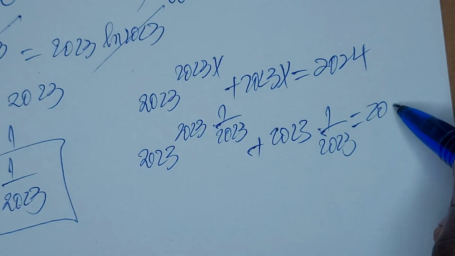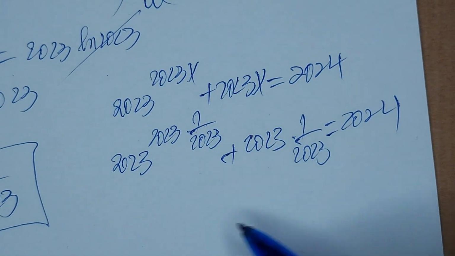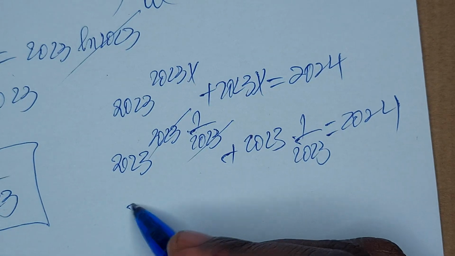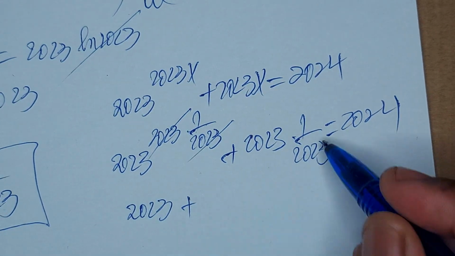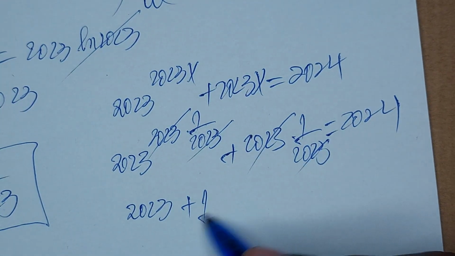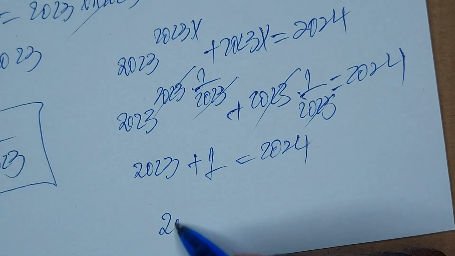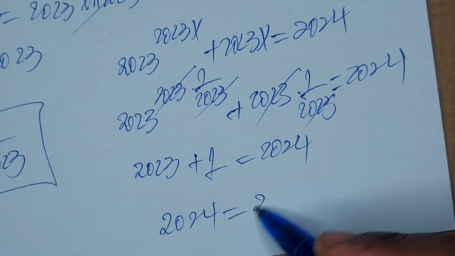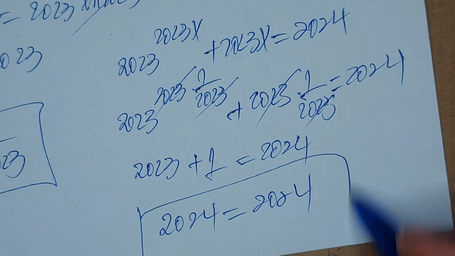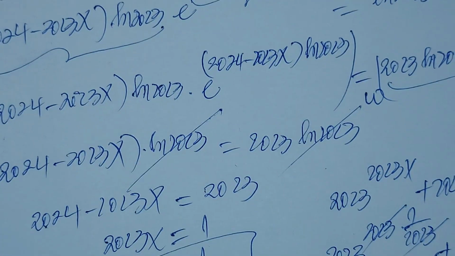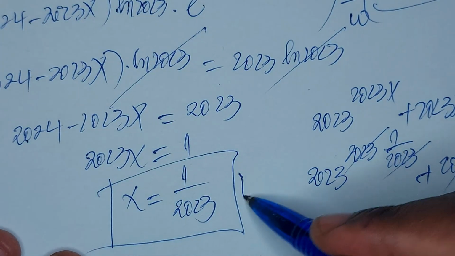This is 2023 to the power of 1, so we get 2023 plus 1 equals 2024. So actually we have 2024 equals 2024. So our solution, 1 over 2023, is correct.